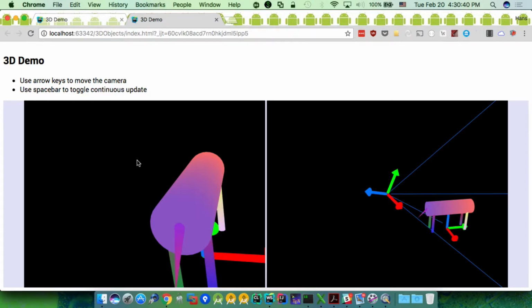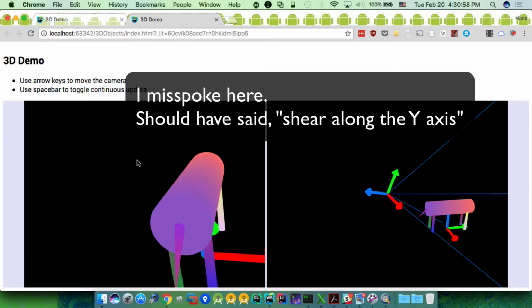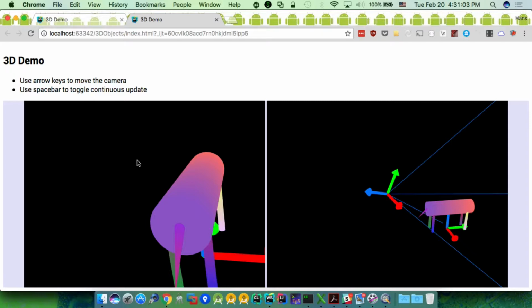Okay. So, question about shear transform. Basically, you do the transformation in the plane where you want to see it. In my example, I'm trying to shear along the z-axis. That's why the formula is to add some amount to the y, because the shear is along the y-axis.